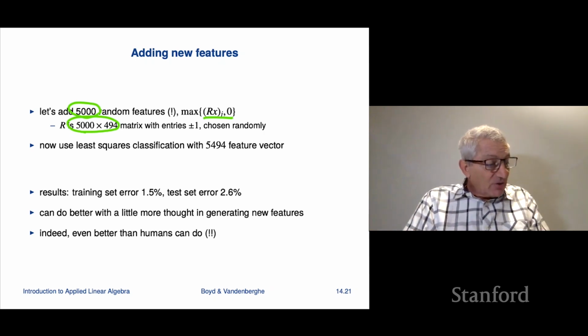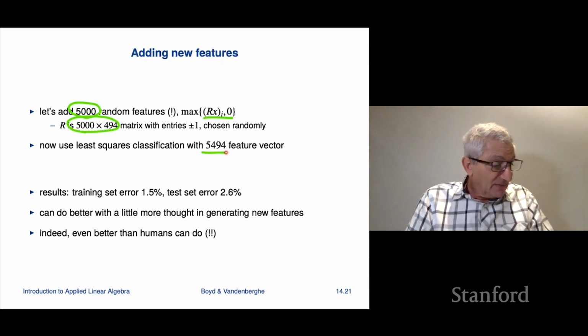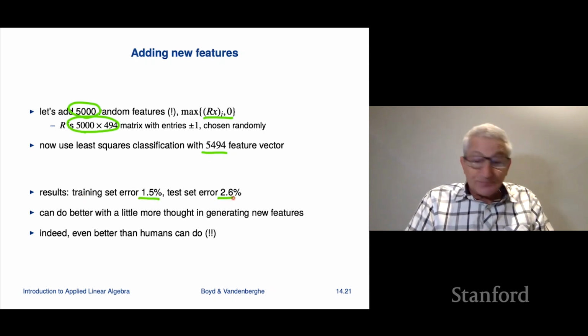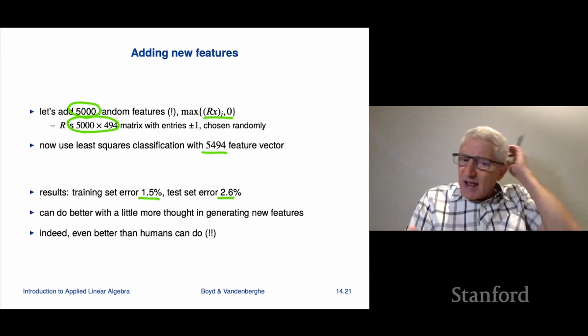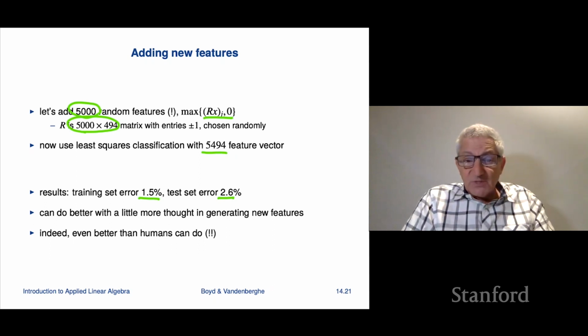And now instead of 494 features, we've got 5,494 features. Now when you do this, you get a training set error that's about 1.5% and a test error that's 2.6%. And you can do better. If you start crafting new features that actually make sense, you can do better. And the current state of the art is almost perfect.